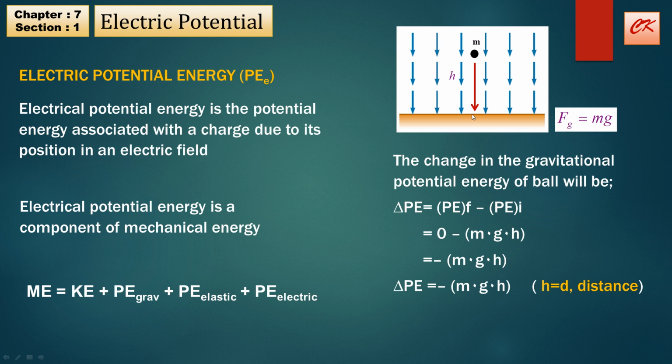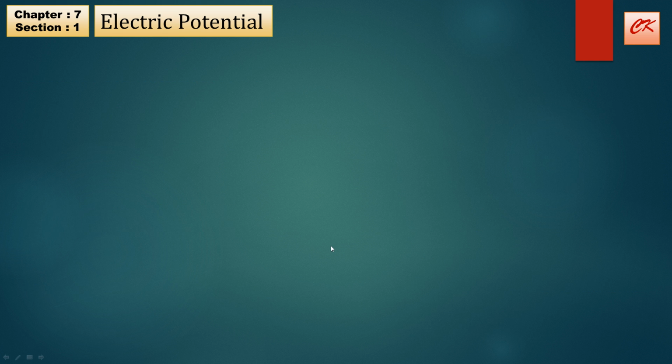At the top it has energy, and when it falls, it loses all of its energy. So we say the change in its energy is negative, and the change of its potential energy is equal to negative mgh. Here we choose h as the distance. Since it's in the vertical plane, we write h. It can be d also. Okay, change in potential energy is equal to negative mgh.